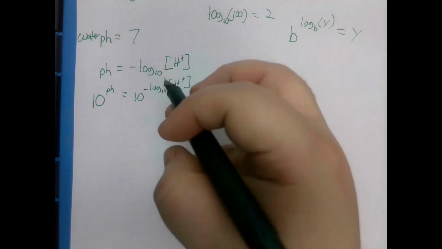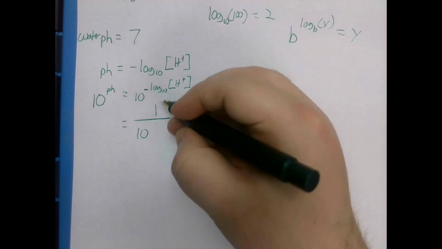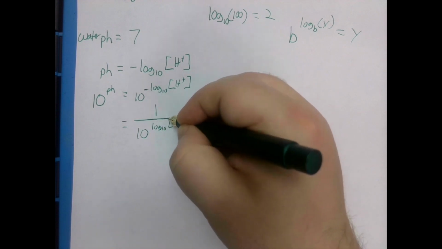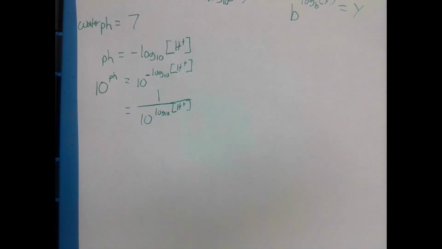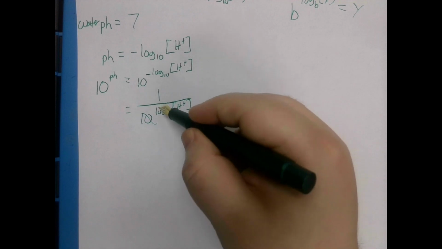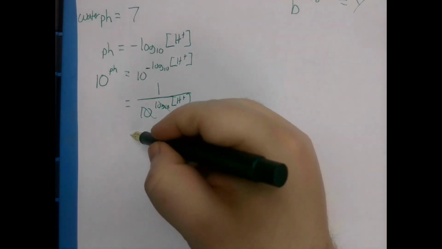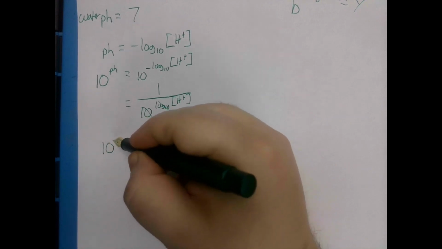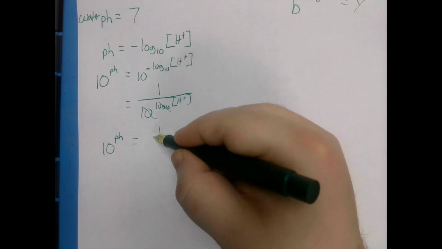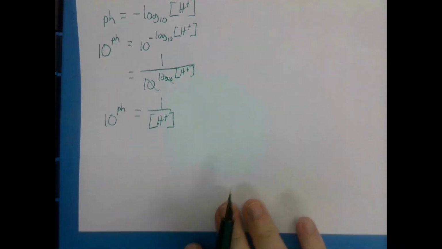This negative is the same thing as 1 over 10 to the log base 10 of the concentration of H plus. And 10 to the log base 10, they cancel each other out. So I get 10 to the pH is equal to 1 over the concentration of H plus ions.